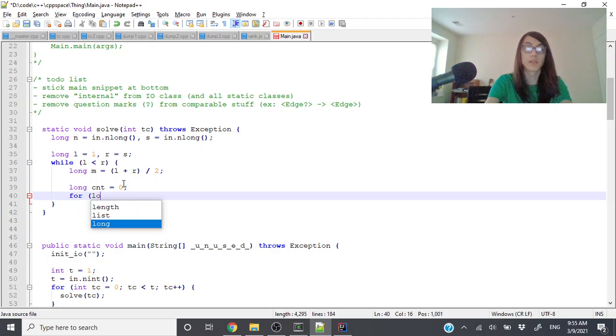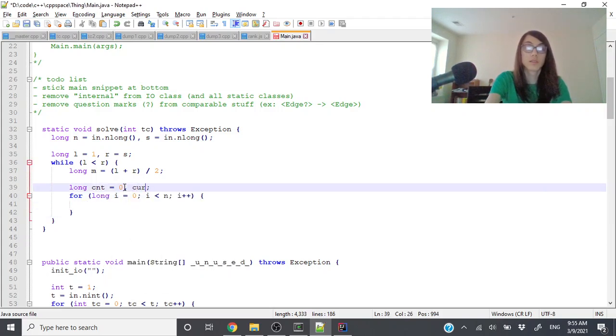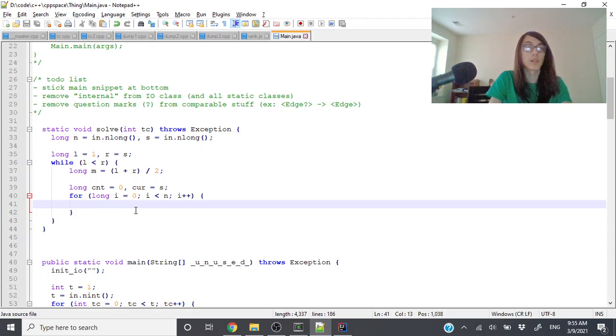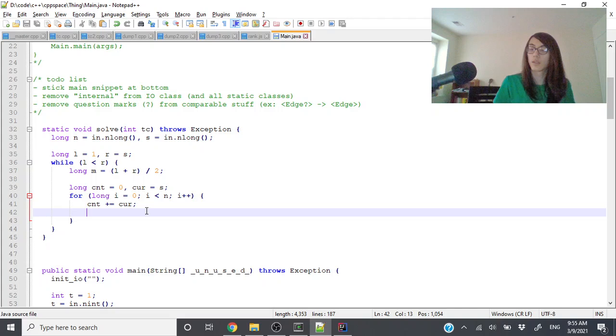Let's see, have this be long. Plus equals cur. We have to be ceiling. Cur equals cur plus 1 over 2. Has to be ceiling. Yes.